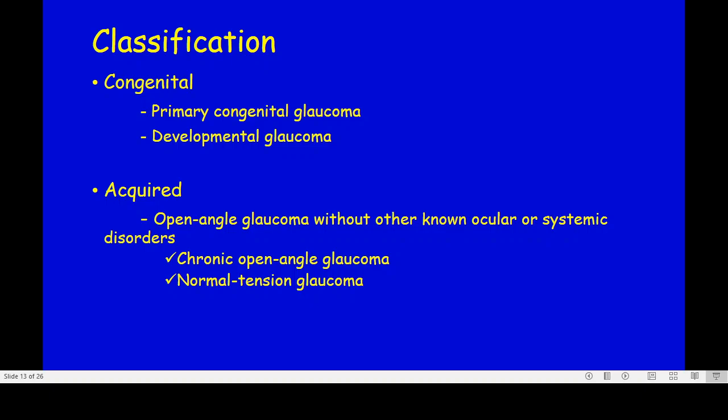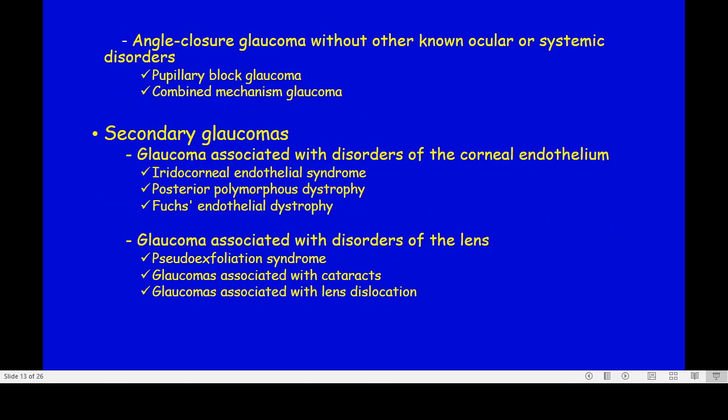There may be acquired glaucoma, in which the first one is primary open angle glaucoma, which is without any ocular or systemic disorders. It can be chronic open angle or a normal tension glaucoma. Then we can have angle closure glaucoma, again without any known ocular or systemic disorders. It may be simple pupillary block glaucoma, or there may be some combined mechanism which can lead to angle closure.